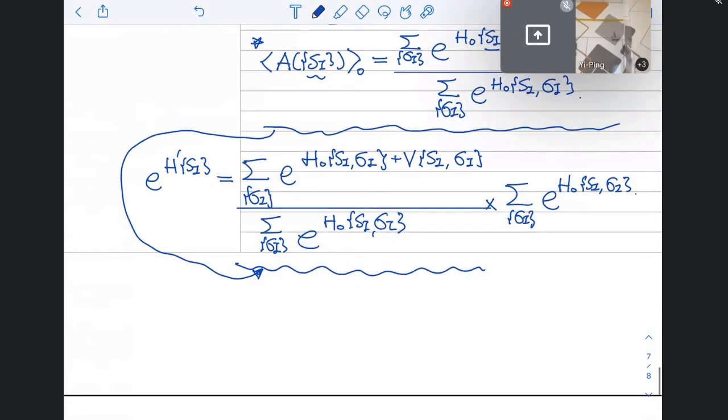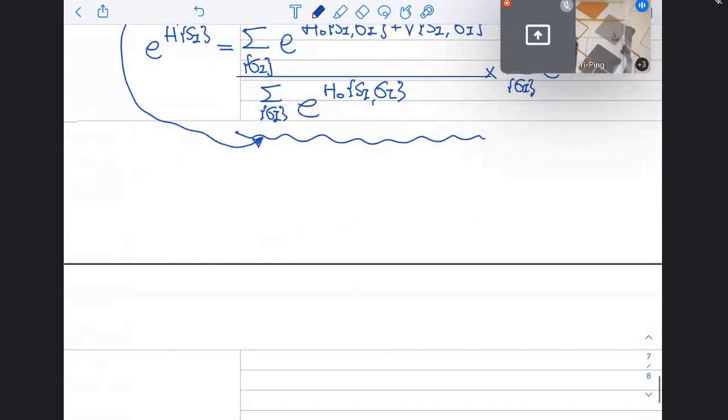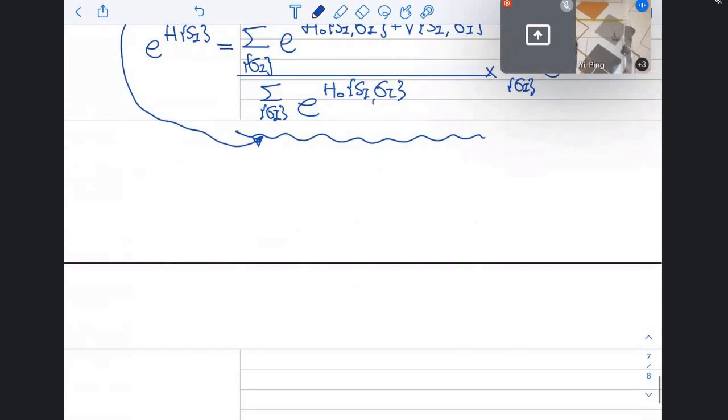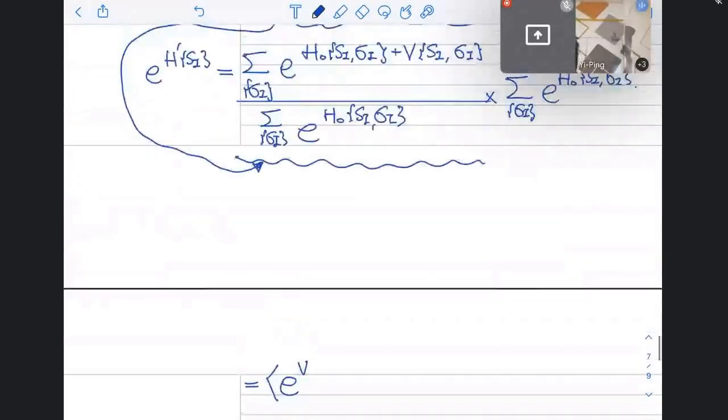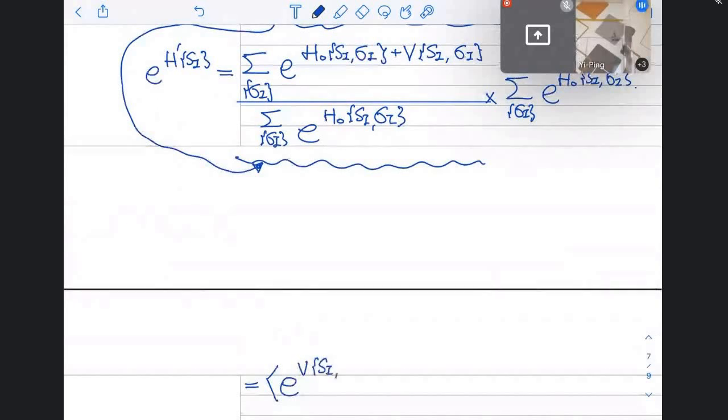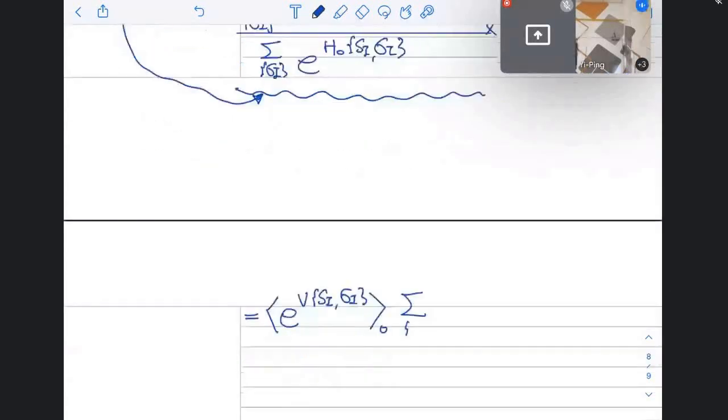So, to write it more explicitly, this thing is basically the expectation value of exponential V of sigma I, and we have this thing. I'll just write it down explicitly.